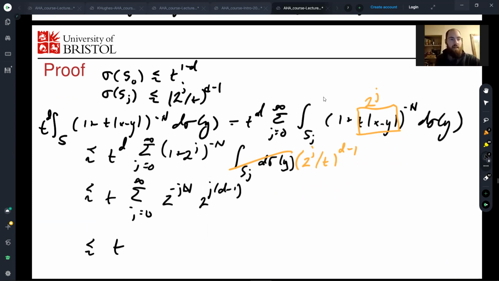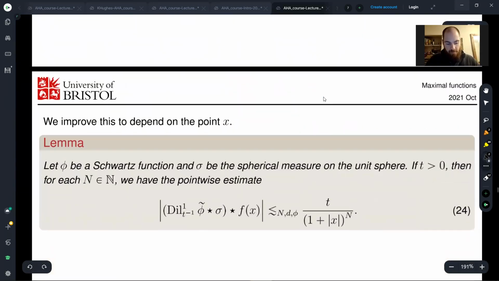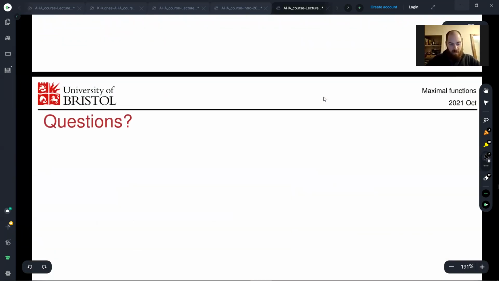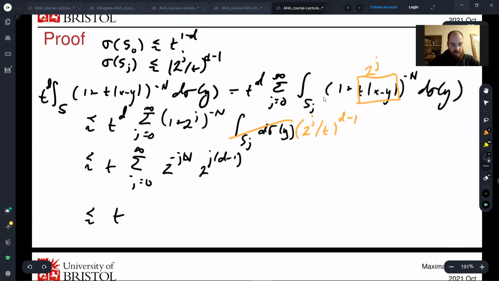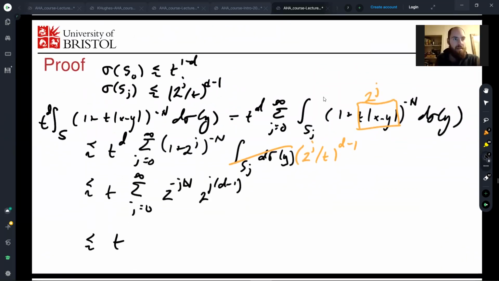All right, this is not quite the best thing we can hope for. It turns out you can actually improve this to depend on the point x and get this better bound right here, where it depends on the point x. Let's go back and do that then. It refines our analysis. Okay, how do you do that? There's a nice little trick in this.